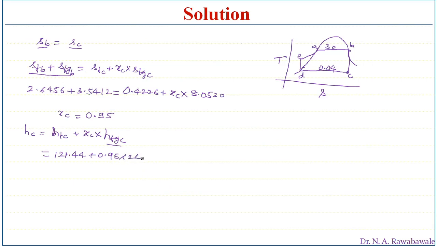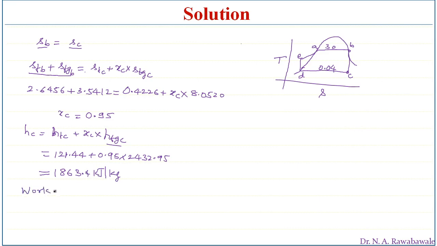On simplification, the enthalpy at point C can be obtained as 1863.4 kilojoules per kg.